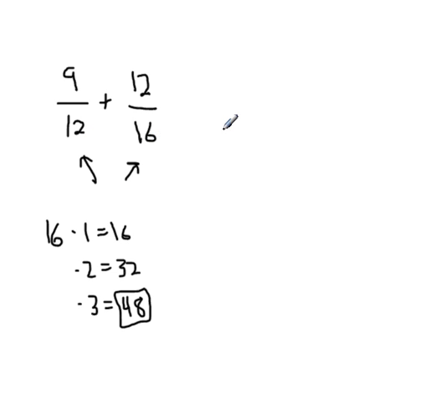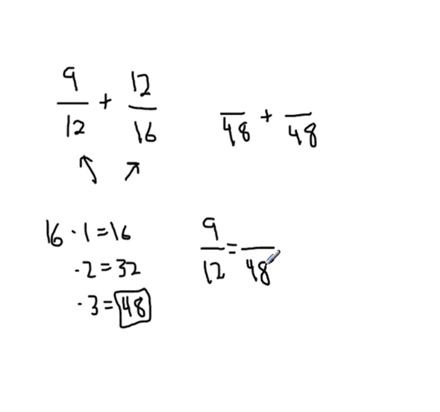Now let's rewrite the problem using my 48 as my denominator. Once I've done that, what I want to determine is what 9/12ths turns into when it converts into a fraction with 48 on the bottom.